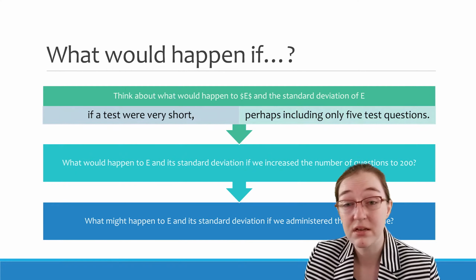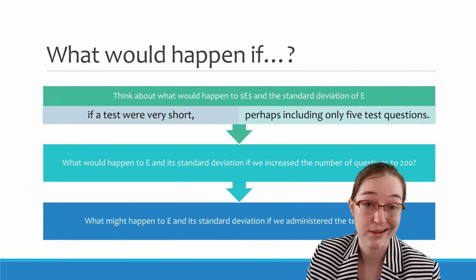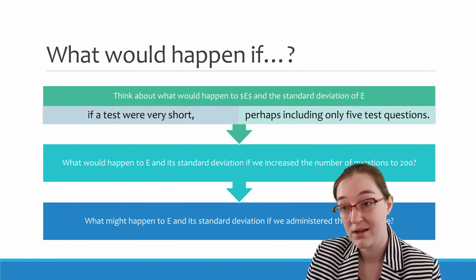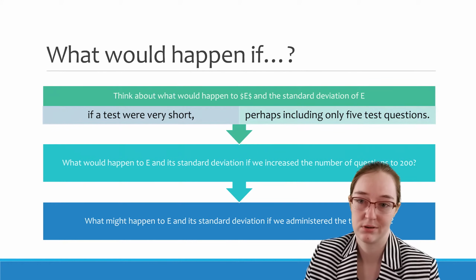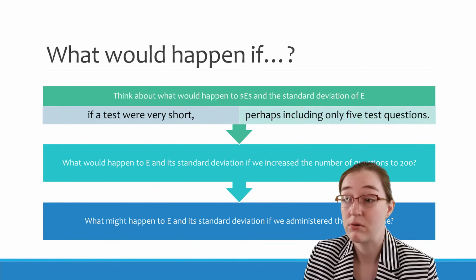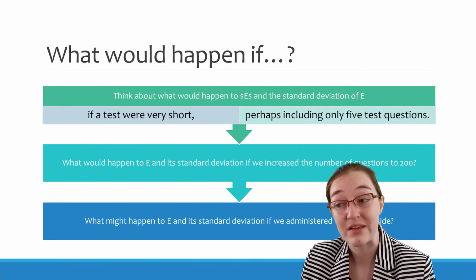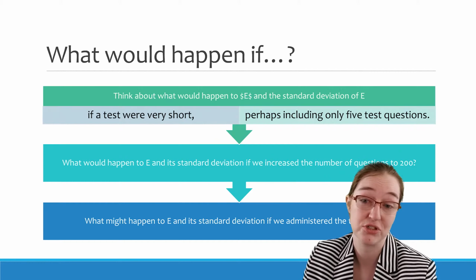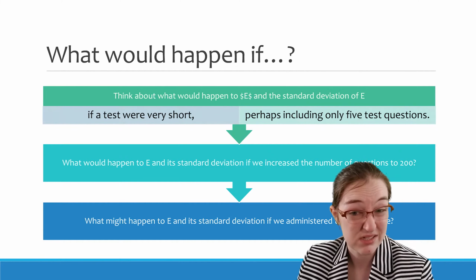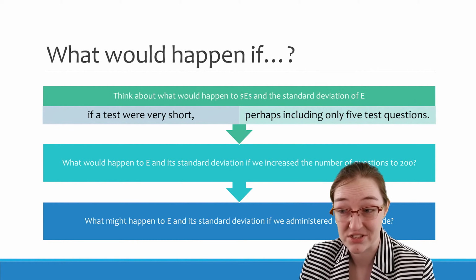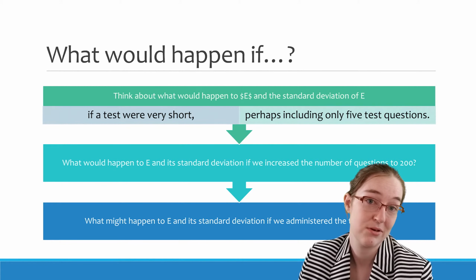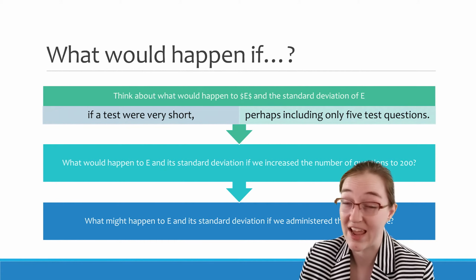So, think about what would happen to our error and the standard deviation of error if the tests were really short, like 5 questions. What would happen to error and its standard deviation if we increased the number of questions to 200? What might happen to the error and its standard deviation if we administered the test outside, or inside, or in front of a ton of cats?